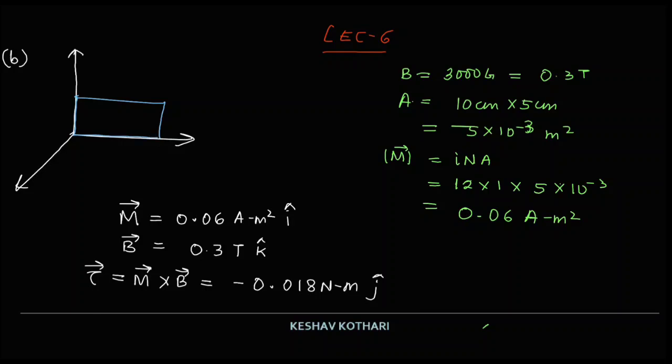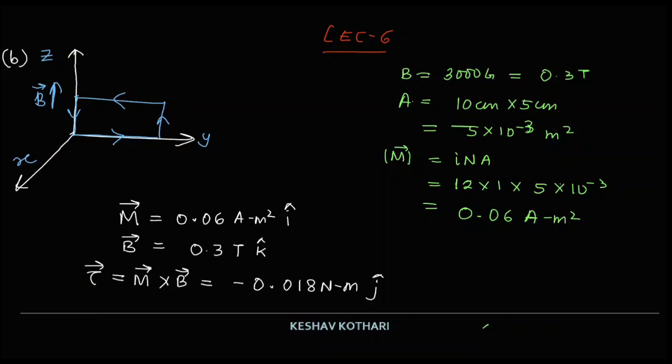If the loop is placed in this fashion, this one is the y axis, this one is the x axis, and this one is the z axis. The magnetic field is in the upward direction. So nothing is going to change in this case. There is no change at all.